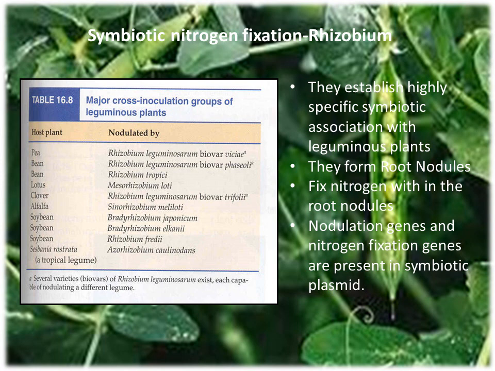Likewise, you have Mesorhizobium, Sinorhizobium, Bradyrhizobium, and Azorhizobium. All these are commonly called Rhizobium species. These are some examples of Rhizobium found in particular host plants, especially leguminous plants. Please try to remember these species as well as the hosts.